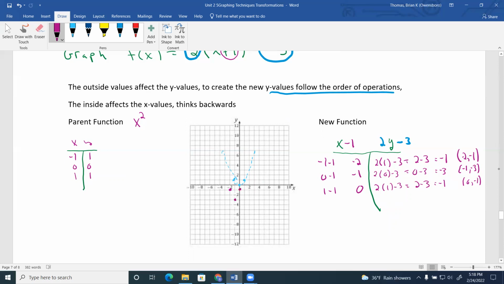So notice how my graph has been moved from the origin, and notice how the y values are further apart because of that vertical stretch. So my graph should now kind of take on that look there, kind of a parabola shape, more curved. So that would be how we would graph that.